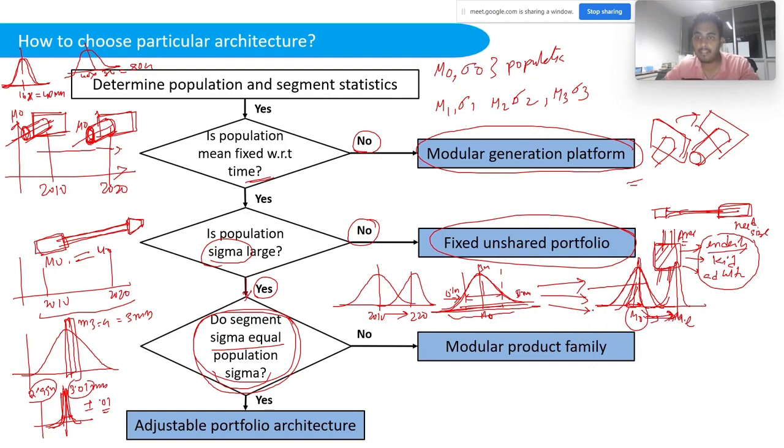However, for a kid it is smaller, and that's why you get an average population mean. Adult you can consider the same as the population mean. So you see, do you have some sort of variations? If the population mean and this particular adult variance do not match, that means we need to make different products for each category. So we'll go for a modular product family.